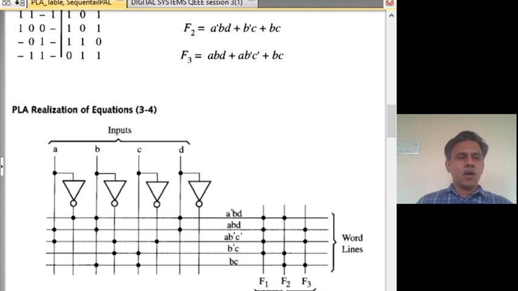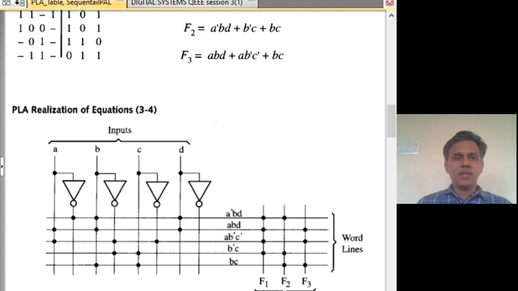We have NMOS gates at all these cross points. We selectively remove whatever we don't want. What remains will decide the product term that is being realized. So, here in this case A bar, B and D are being realized. Similarly, all these product terms are being realized.